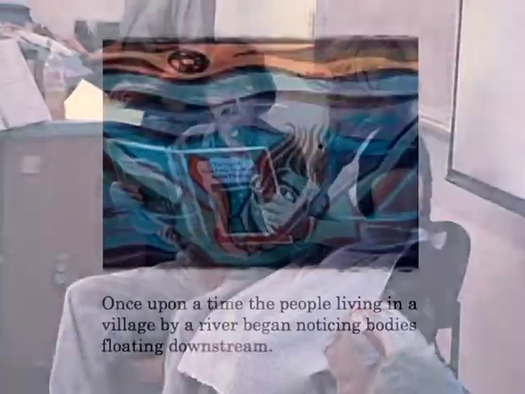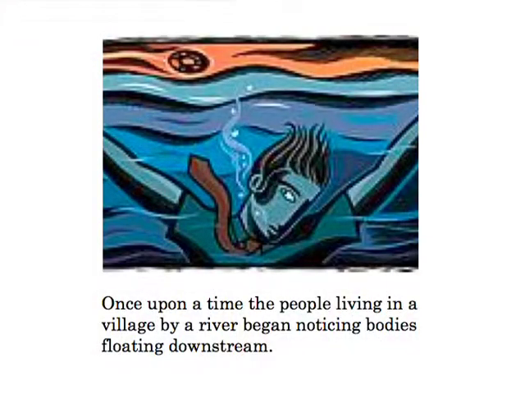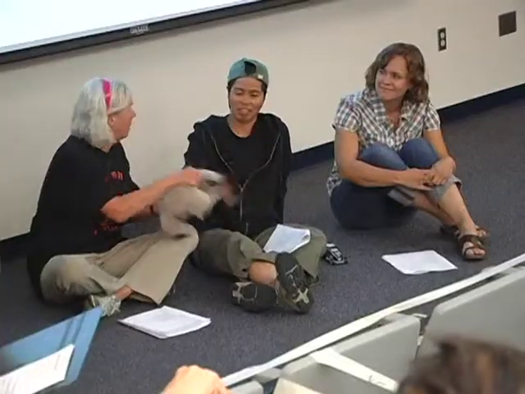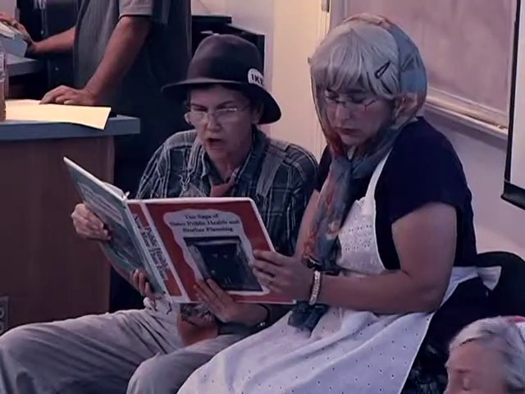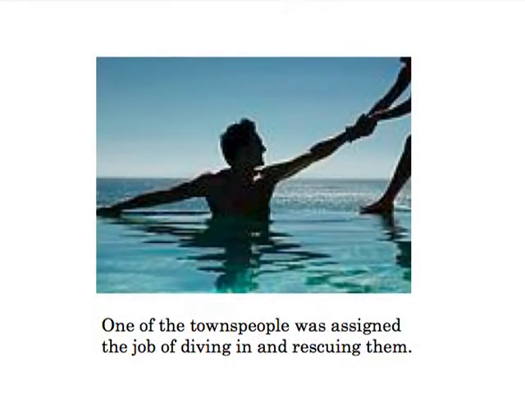Once upon a time, the people living in a village by a river began noticing bodies floating downstream. At first, they were mostly babies floating by. Then older people, then all kinds of young and middle-aged adults started showing up, floating down the river. One of the townspeople was assigned the job of diving in and rescuing them.